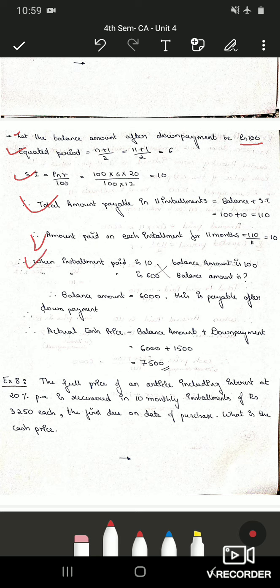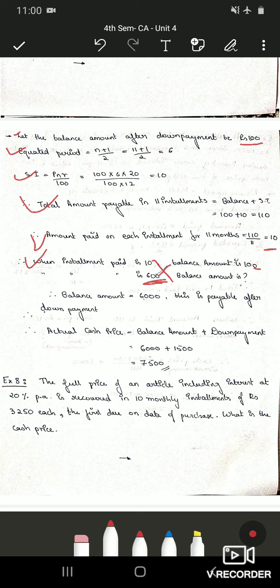So when the installment paid each month is 10 rupees, the balance amount was 100. Now when the installment paid each month is 600, what is the balance amount? This value is given, that the value of each installment is 600 rupees, and with this we have also found out that when the balance is 100, what is the amount paid on each installment.